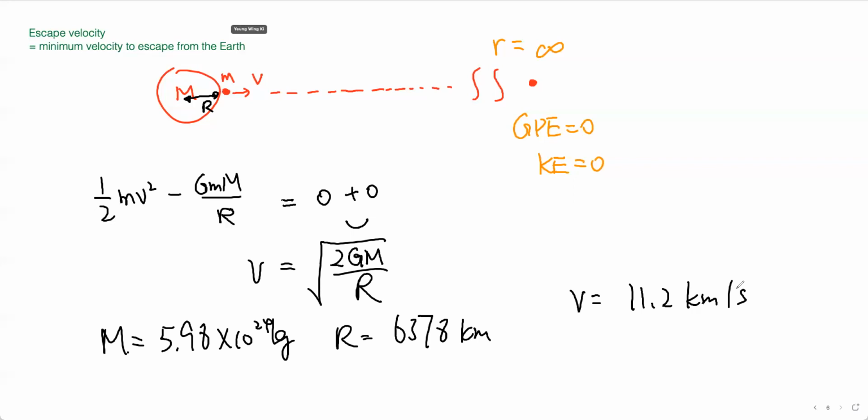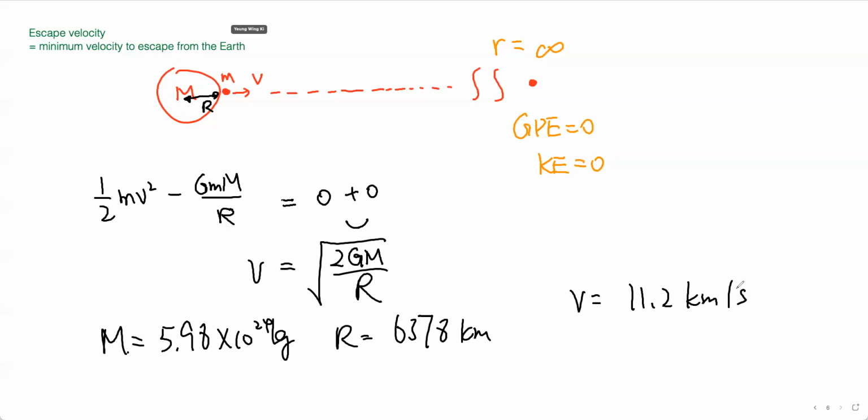But if you study astronomy, we know that sometimes it does not need that high speed. It can make use of the gravitational force by other planets to accelerate. Whatever, it's not in our syllabus.